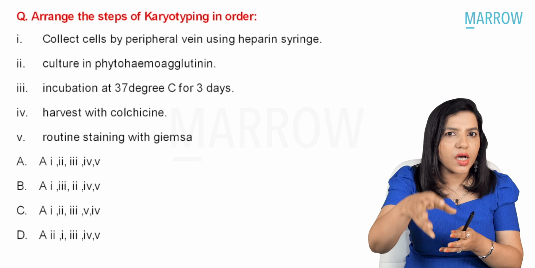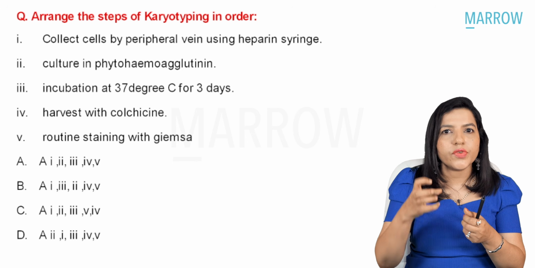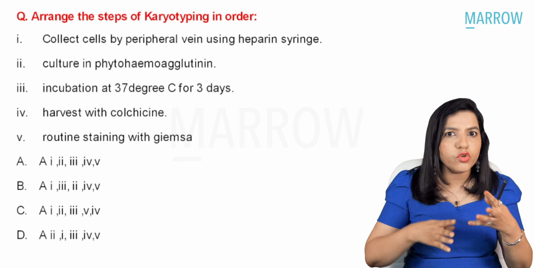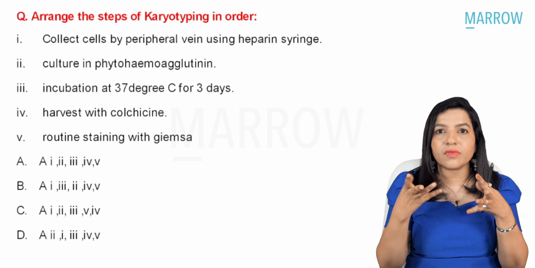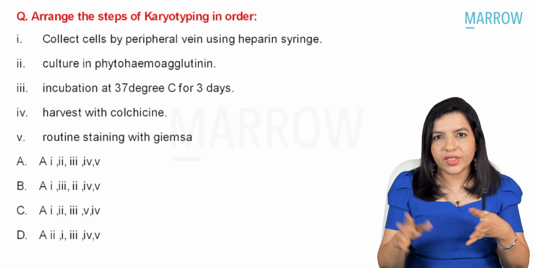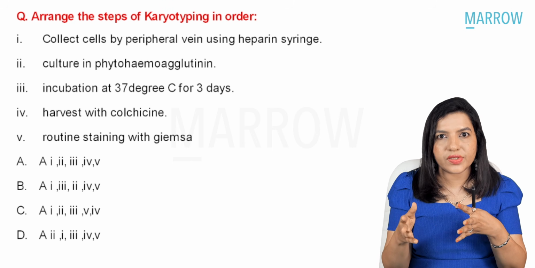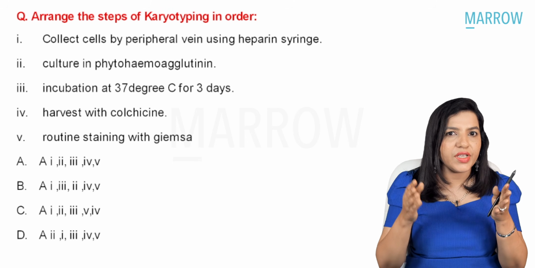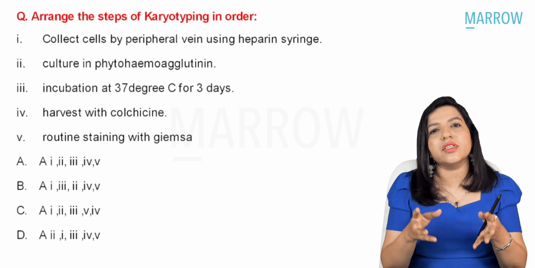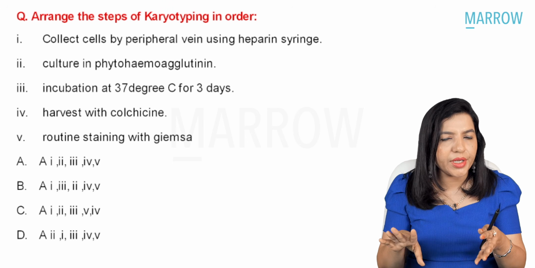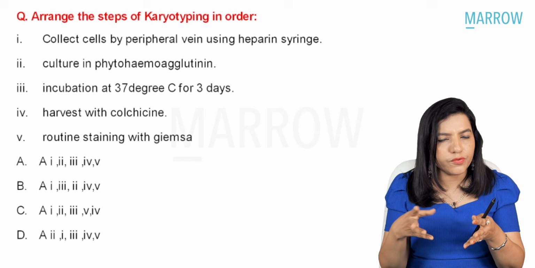Once we harvest the dividing cells, we have to culture the cells, to promote the growth and the various phases of cell division, so we are culturing the dividing cells by incubating at an appropriate temperature for a few days.